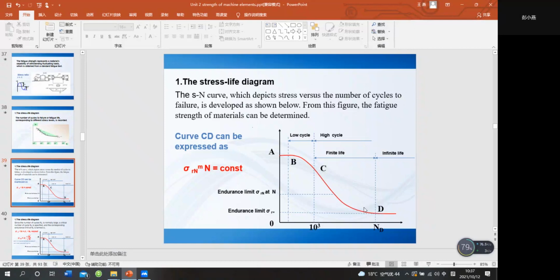But for the endurance limit diagram, the endurance limit at N0 is infinite life. We use N0 as the infinite life.